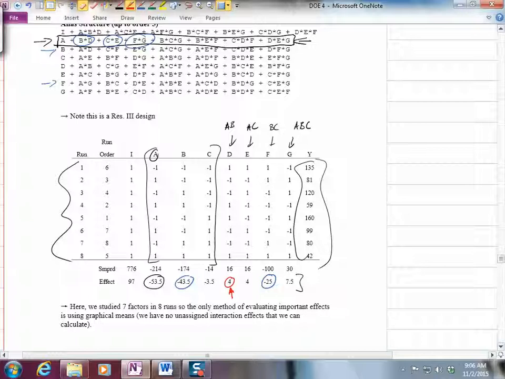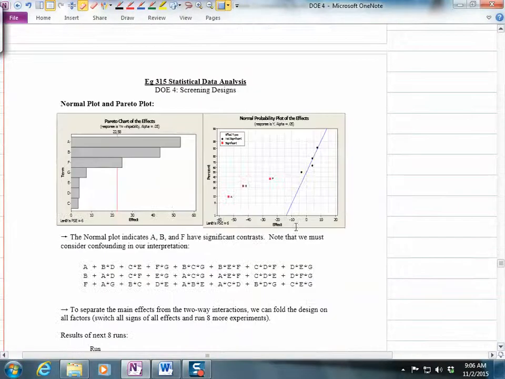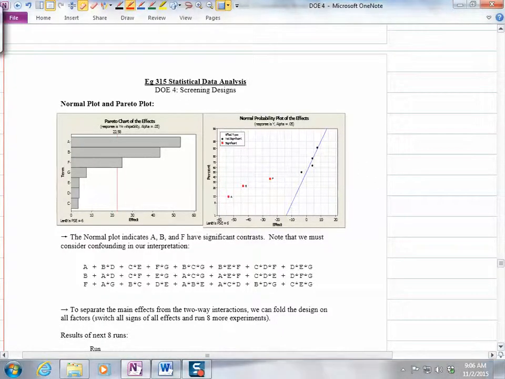So we had 3 effects that seemed to stand out from the rest, A, B, and F. When we analyze this, you make a half normal plot. This is a full normal plot, Pareto diagram. And you see these 3 things are seemingly the significant factors.